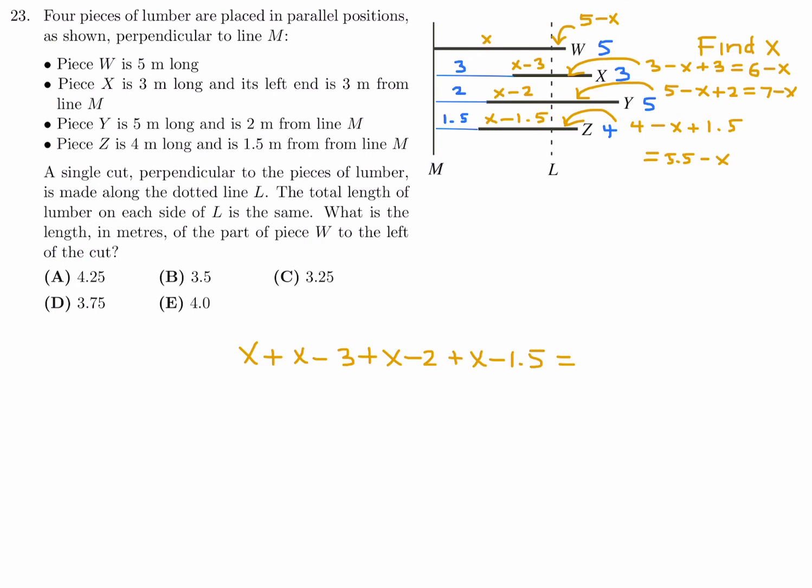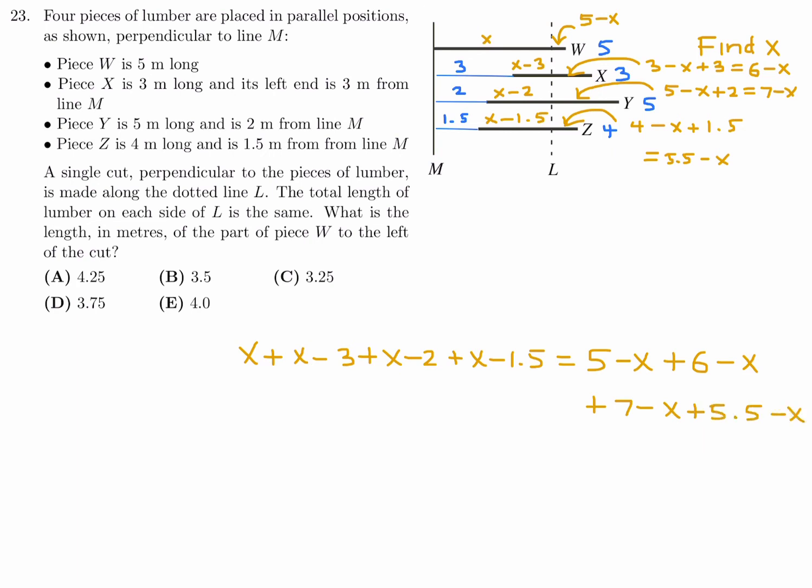And that is equal to what's on the other side. On the other side, we have this, this, this, and this. So let's add those up. 5 minus x plus 6 minus x plus 7 minus x plus 5.5 minus x.